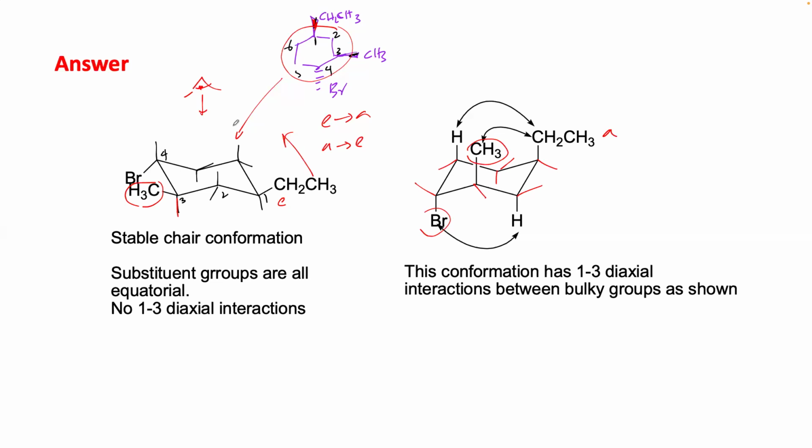Right. Then the next question was to figure out which is the stable conformation. Definitely this is the stable conformation, because we learned that when you have bigger groups on these 1, 2 and 3, again, no need of proper numbering, just the relative positions. When you have two substituents attached to the first carbon and the third carbon, we have something called 1,3 diaxial interactions.